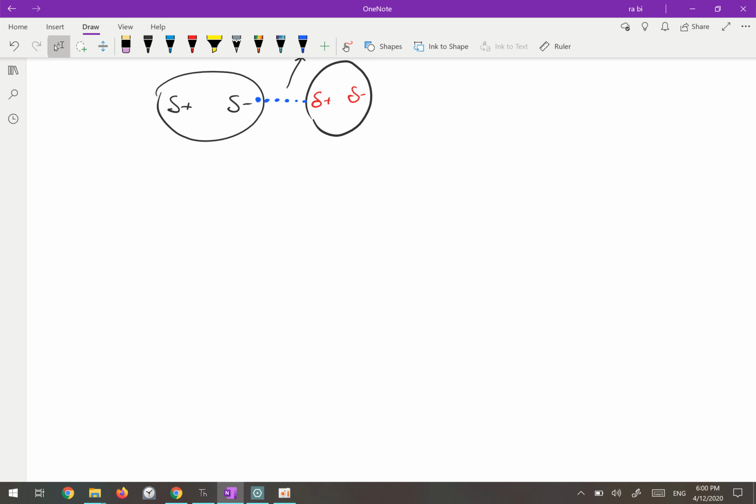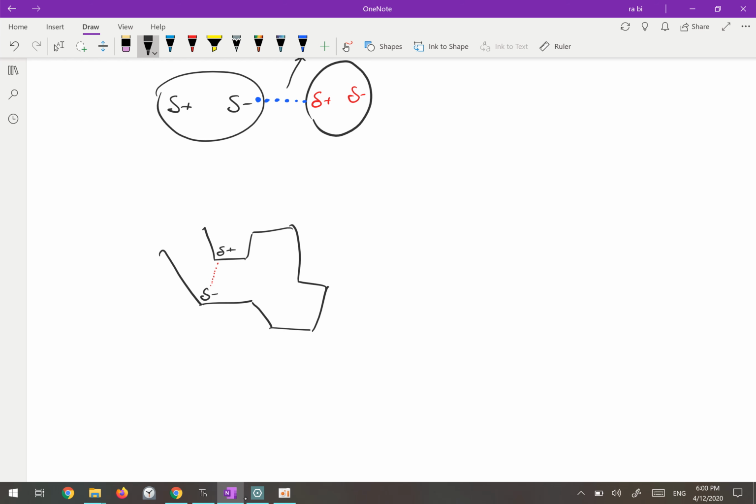If you have a very long molecule like this, this can be carbon, whatever it is, and this part of the molecule is partially negative, this part is partially positive, you can have attraction between these two parts of the molecule.